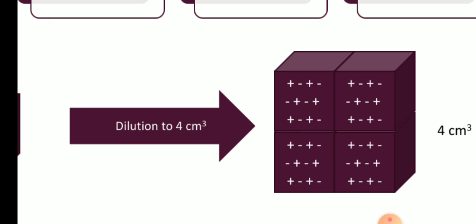But the conductance of each and every 1 centimeter cube is equal to K. So the total conductance will be K multiplied by 4, and that will be equal to molar conductivity, because you diluted the solution but did not increase the amount of electrolyte. It is still 1 gram mole of electrolyte.